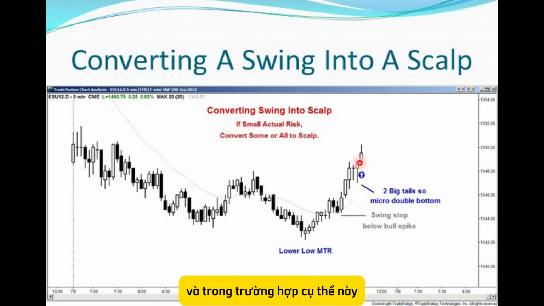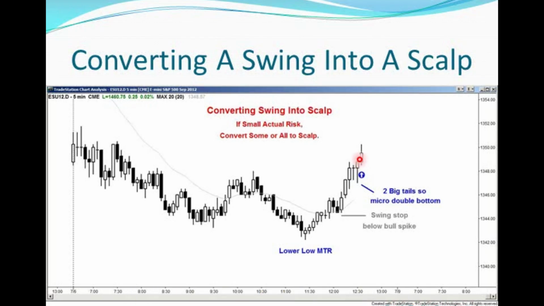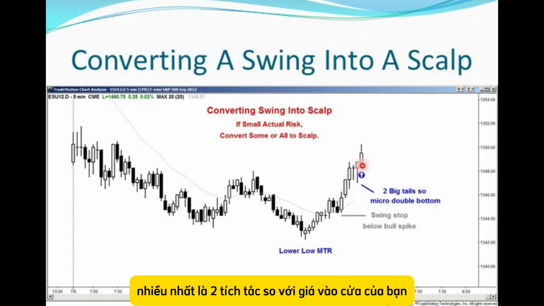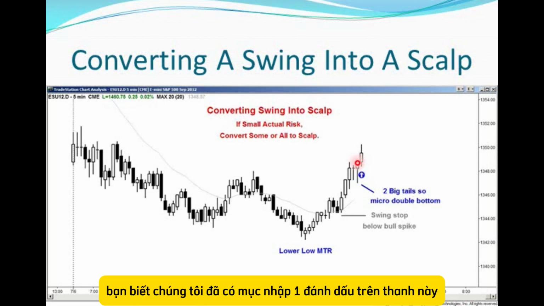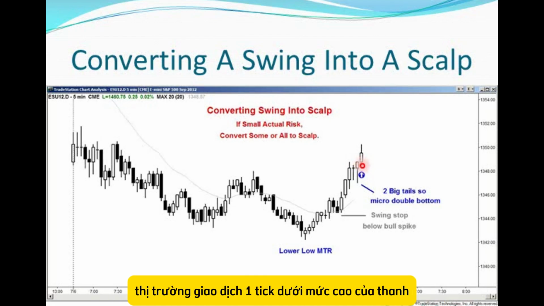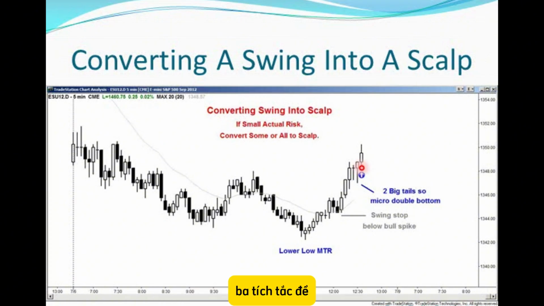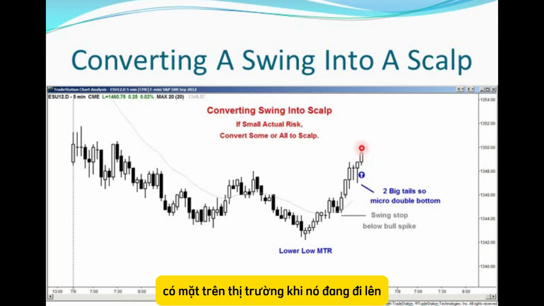And in this particular case, the market at most went 2 ticks against your entry price. We had the entry 1 tick above this bar. The market traded 1 tick below the high of the bar, 2 ticks below your entry price. So you would have needed to have a stop 3 ticks away to be in the market as it was going up.